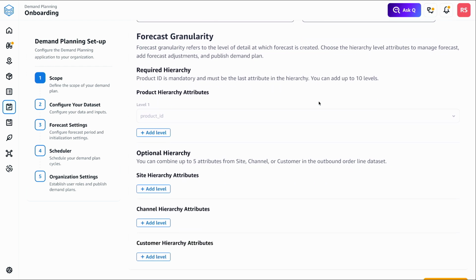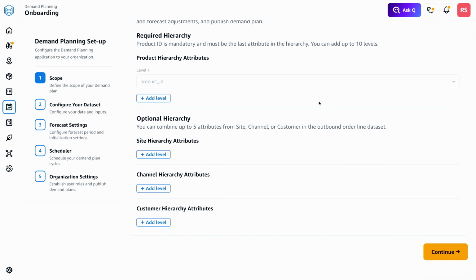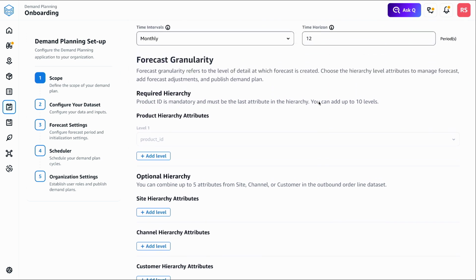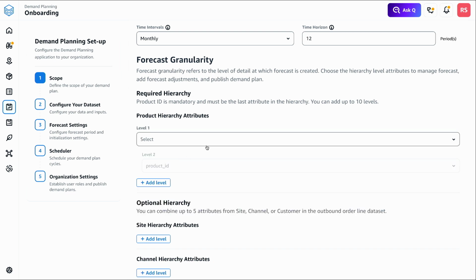Now, the next step is how you define the planning granularity. If you take a step back and look at it from a demand planner perspective, this includes defining the dimensions of how you want to create your demand plan. At the root level, the first thing we need to look at is product hierarchy. From a supply chain standpoint, you are looking to plan products or SKUs.